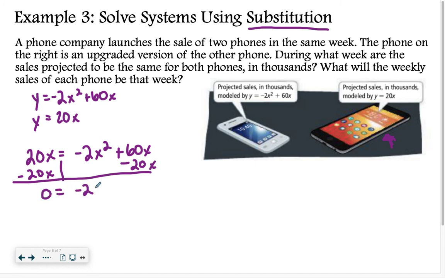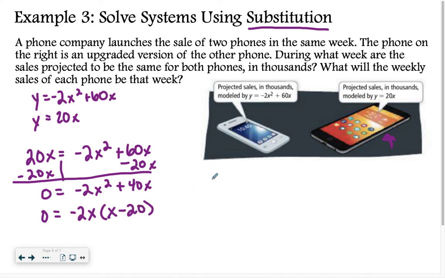So I have negative 2x squared plus 40x, and then if I look at this, I see, hey, those have a 2x in common, but I also don't like to have my x squared term be negative. So I'm going to pull out a negative 2x. So that way this first term becomes a positive x, then minus 20.